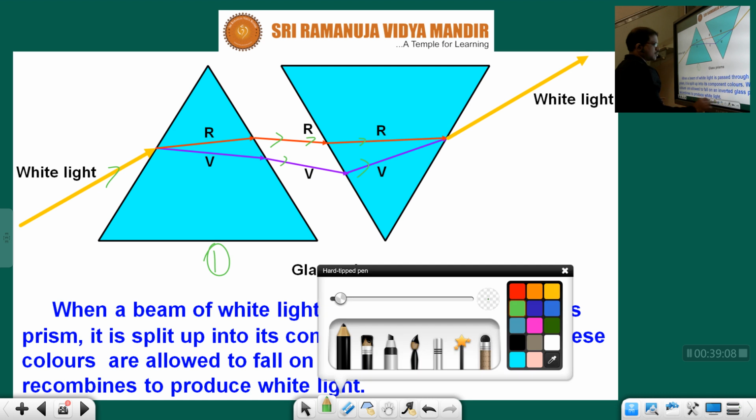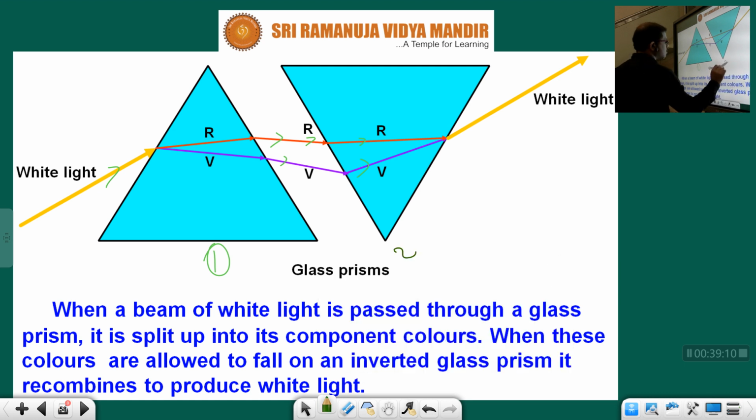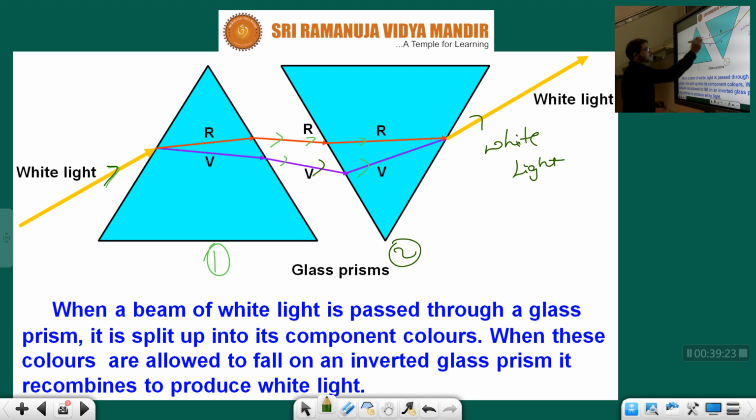As soon as these 2 rays pass through that second prism, again we got white light outside. Understood, children? When we send white light, it gets split into red color and violet color through the first prism. If we keep a similar prism here in inverted orientation, then the refracted ray outside will be what? White light. Okay.